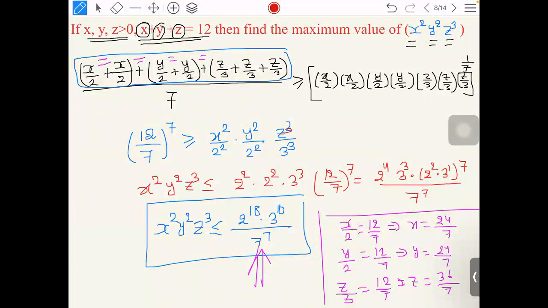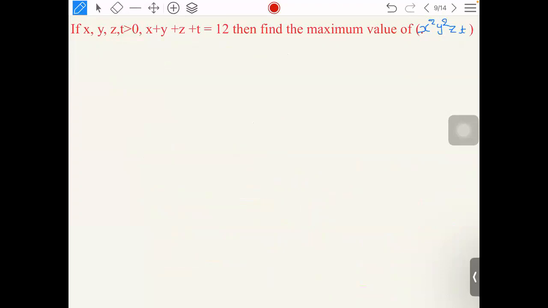I'm giving you 1 minute to understand this concept. Okay, so I think everyone got this. Move to the next question. Here I have given four variables x, y, z, and t.